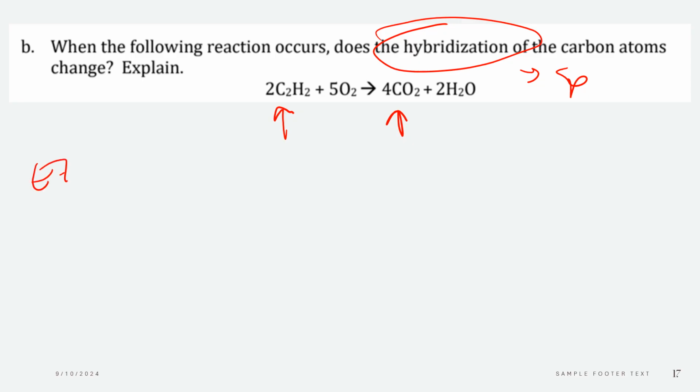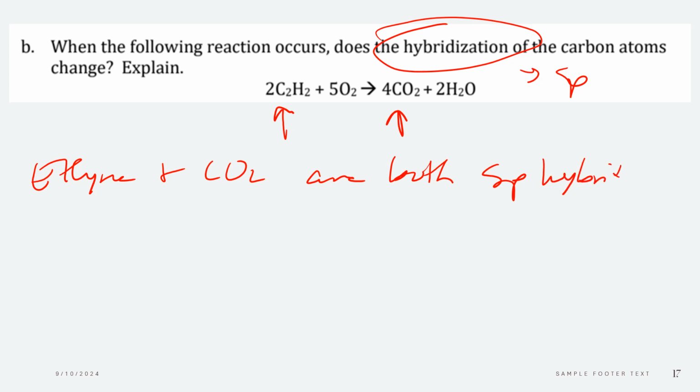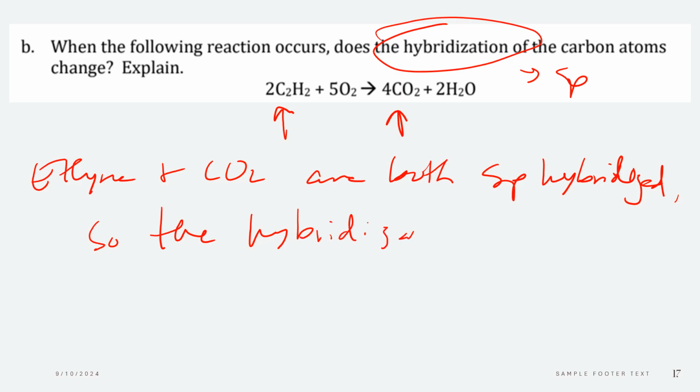So the ethyne and CO2 are both sp hybridized. So the hybridization does not change.